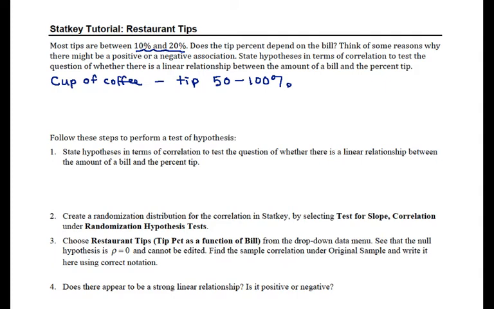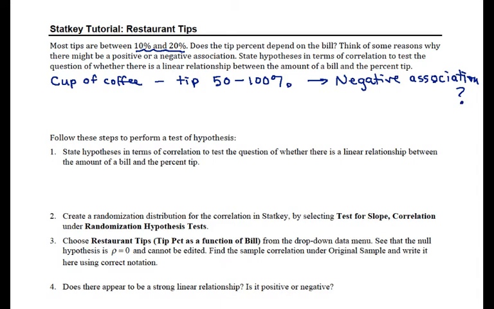So this would suggest that a smaller bill would have a larger tip percent. And this is kind of getting at a negative association, because this effect would go away once our bills start to get big enough that taking 10 to 15% is appropriate.